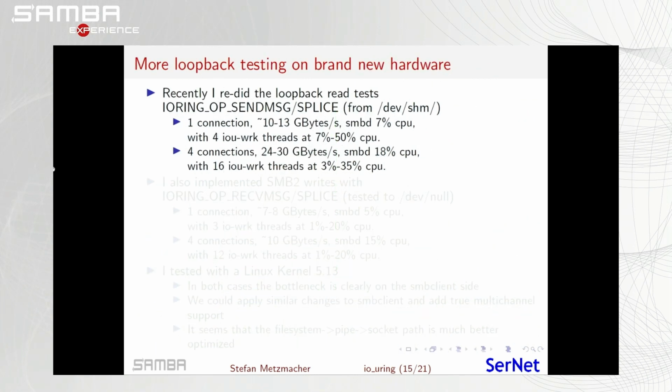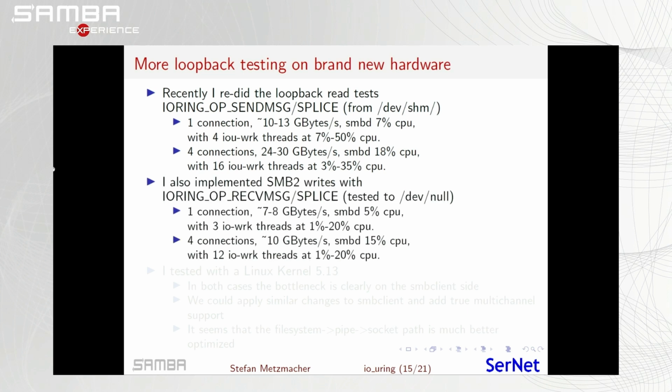So later I redid the tests, maybe skip over that a bit. So basically we get similar results, just with better numbers because we had better hardware. And I also implemented the other side, the receive message with splice. So basically SMB write calls would use zero copy, or as it turns out it's just one single copy.